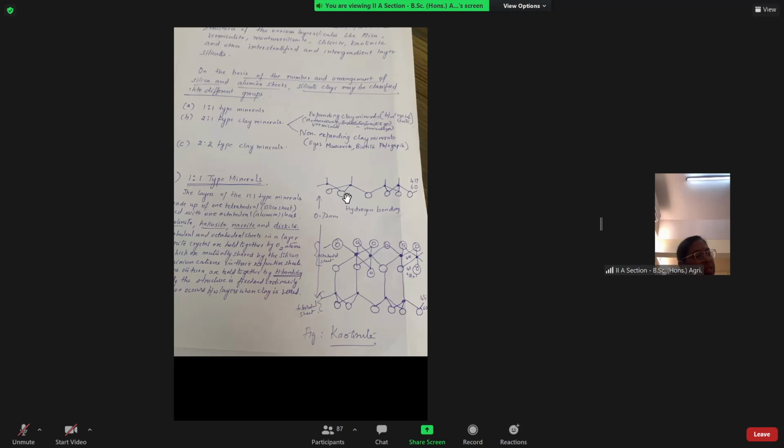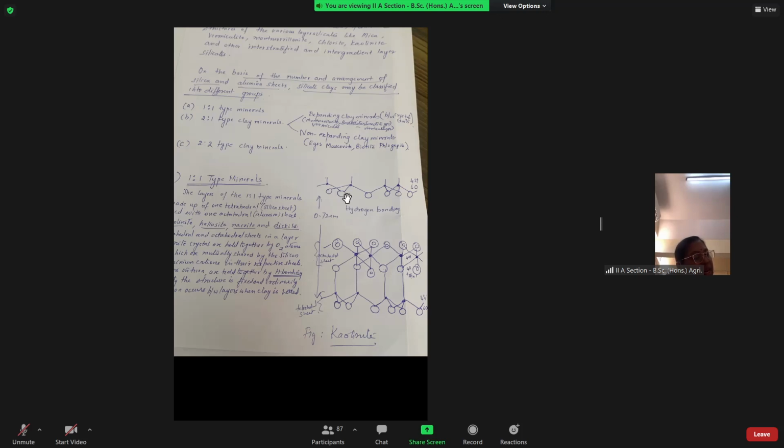The cation exchange capacity of vermiculites, CEC, usually is higher than other silicate clays, including montmorillonite and other smectites. See, cation exchange capacity is more in vermiculite compared to montmorillonite and other smectites because of very high negative charge in the tetrahedral sheet.